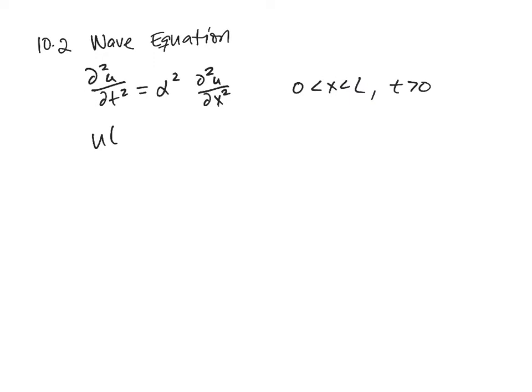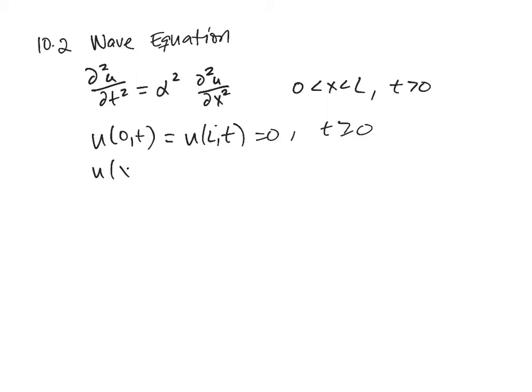We have boundary conditions. So the values at 0 and L are going to equal 0 for all t. And now because we have two time derivatives instead, we need two initial conditions.